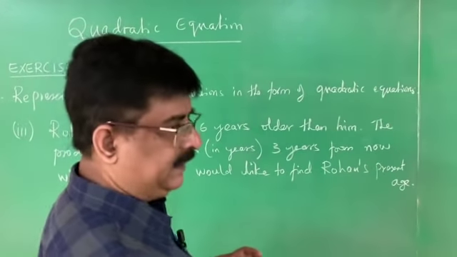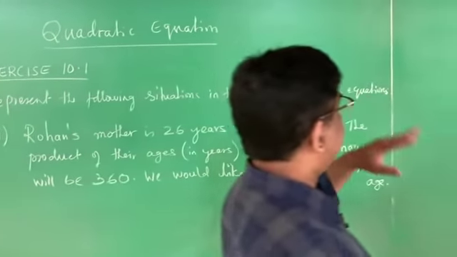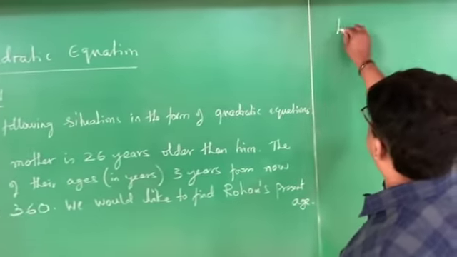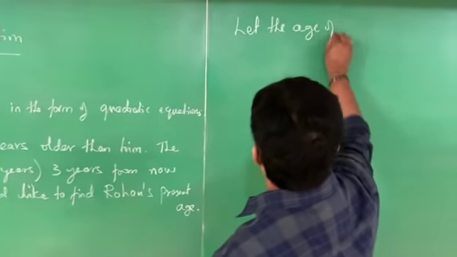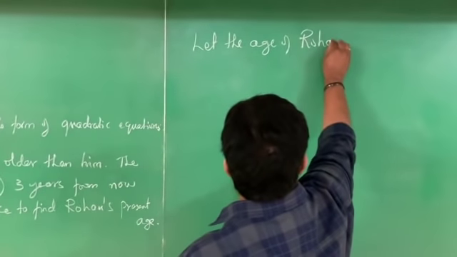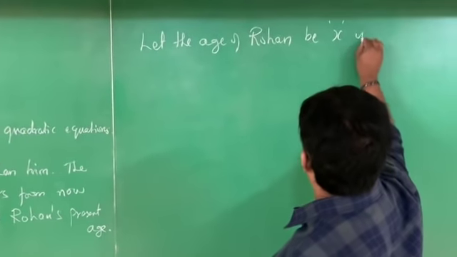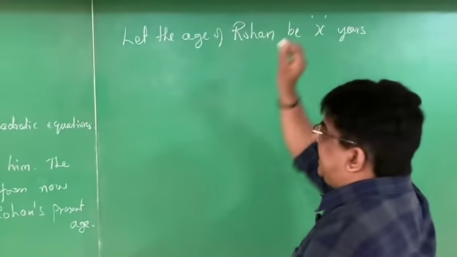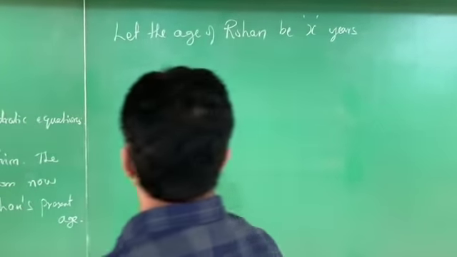See, the problem is like this. Rohan has some age. Let the age of Rohan be x years. We take his age as the variable x, we don't know it.